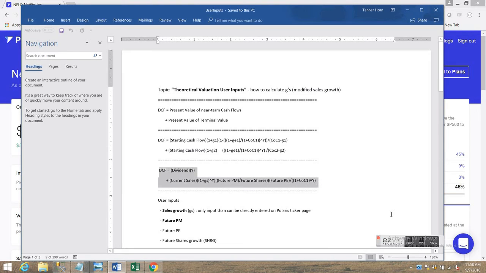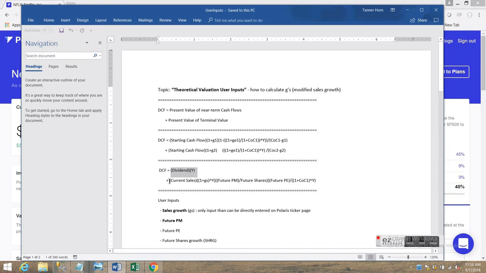For situations with such high growth, you can think of the first part of the formula as the period where you assume dividends are being paid. In this case there are no dividends, so you can just ignore that part of the formula and focus on the second part.